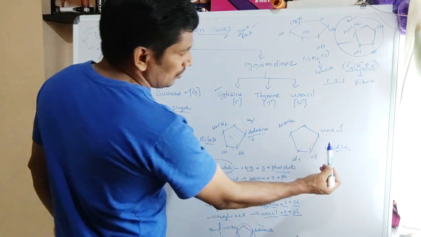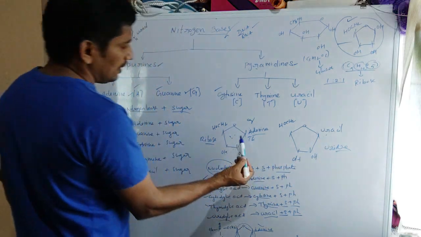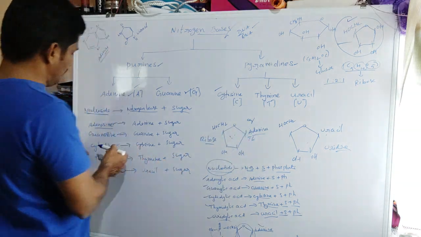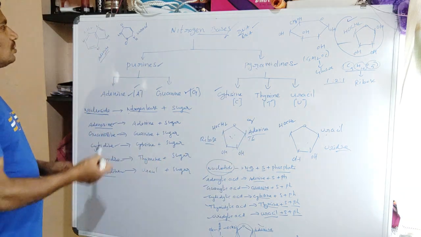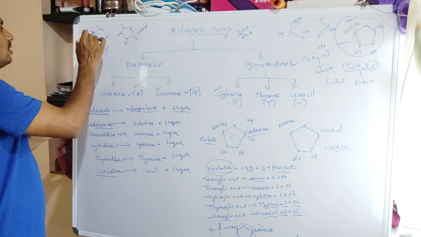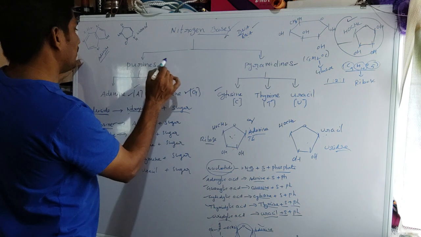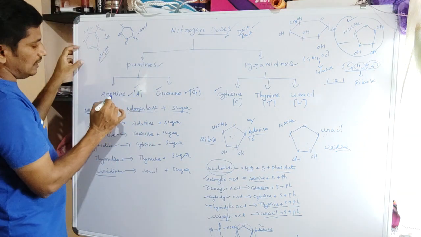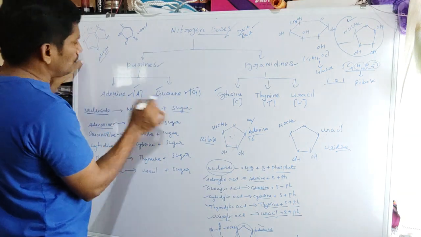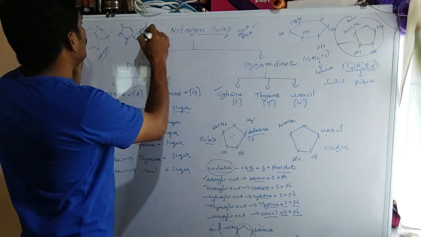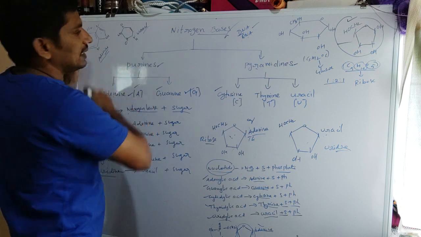The nitrogen bases vary from one to another. So see here, uracil, this is the uridine, and adenine is there, adenosine. If it is cytosine, it will be cytidine. This is the adenine structure, which is double ringed. Adenine is a purine. Adenine and guanine, these two are double ringed, whereas uracil is single ringed.